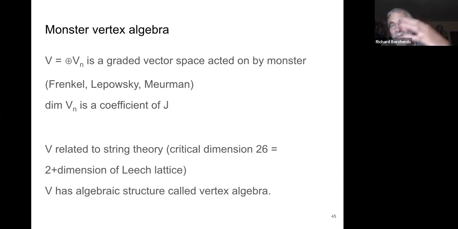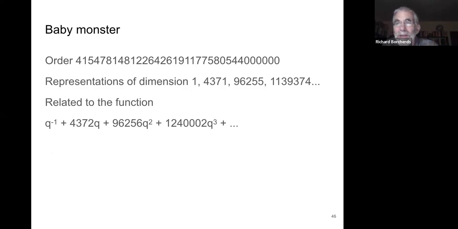And so the monster group is related to the elliptic modular function. It turns out that many other sporadic groups are also related to other modular functions. For instance, there's another group called the baby monster, whose order is ridiculously large, but nowhere near as large as the monster group. And it has representations of dimension 1 and 4371 and so on.